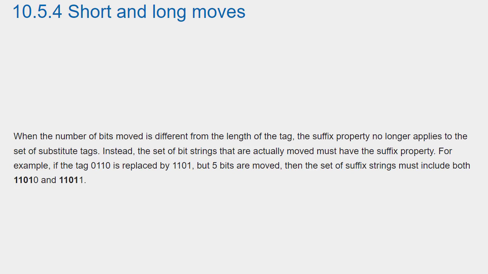Instead, the set of bit strings that are actually moved must have the suffix property. For example, if the tag 0110 is replaced by 1101, but 5 bits are moved, then the set of suffix strings must include both 11010 and 11011.